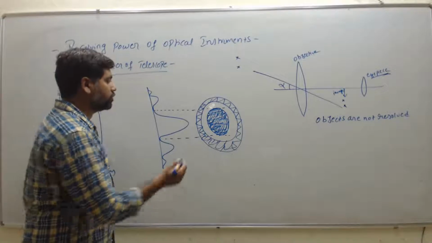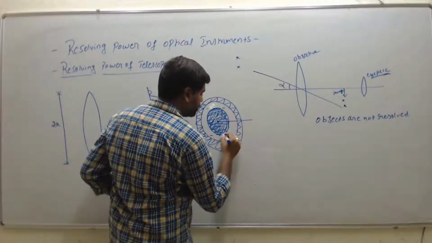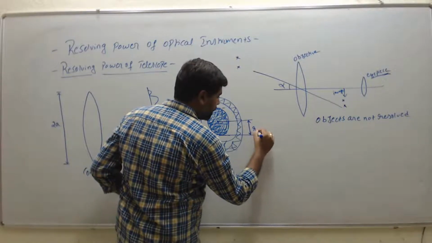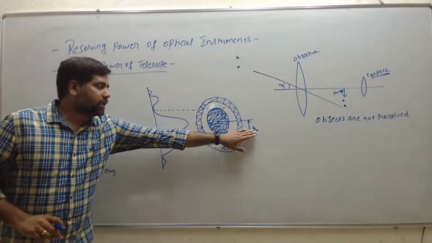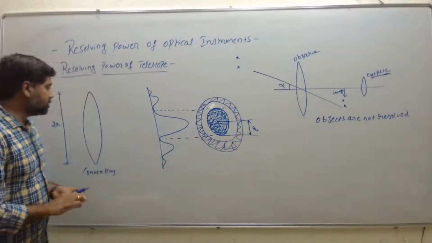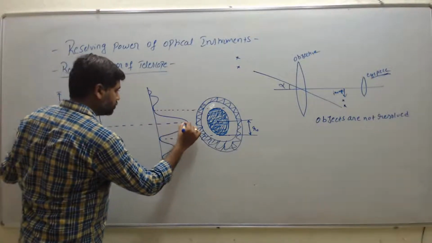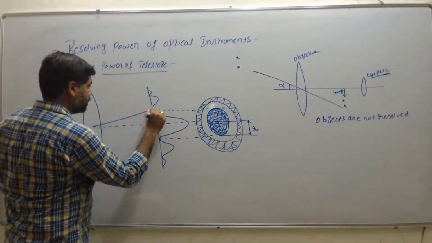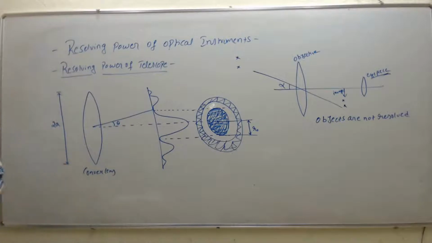Then the radius. This one is the circular bright fringe, and this gives the radius of the bright region, r naught. If we take here, from here to here, it is the angle theta.